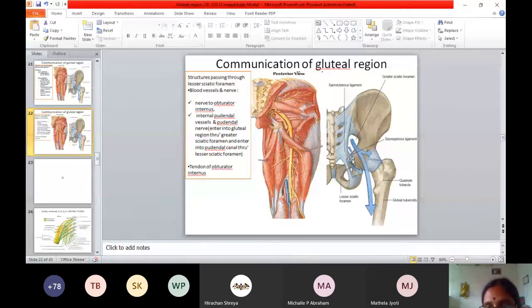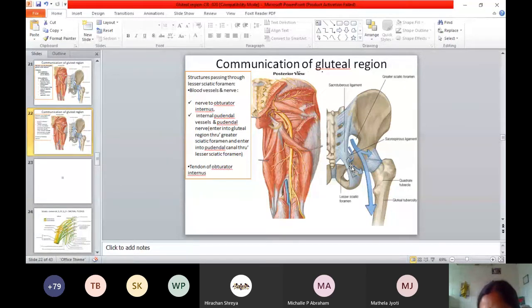This is the pelvis. Those three structures are known as PIN structures. P stands for pudendal nerve, I for internal pudendal artery, N for nerve to obturator internus.